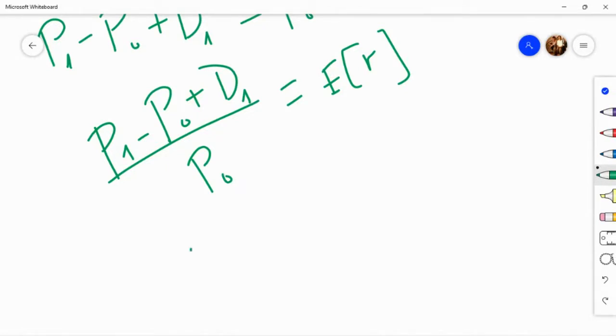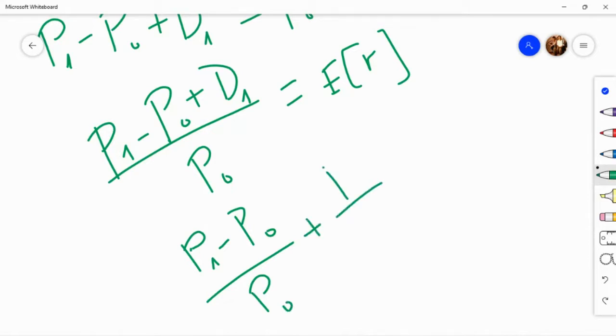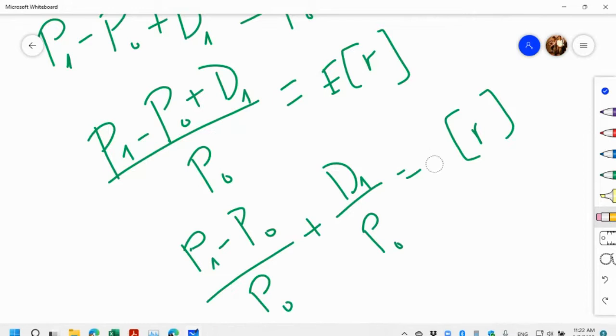And then we can break it up. Of course, what is this called?